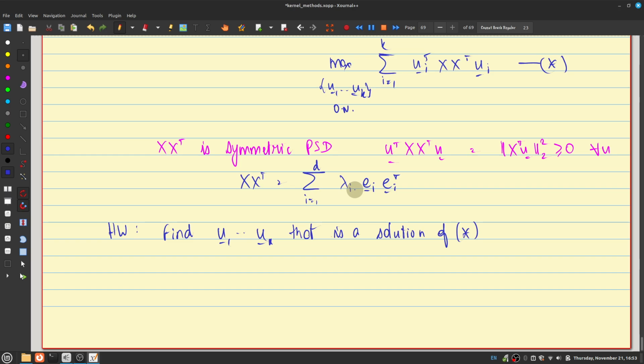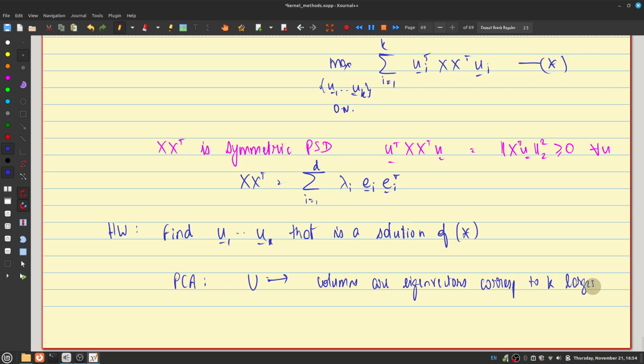They form a basis for R^d. Right? Okay, so then therefore the PCA solution is you just find U such that the columns can be taken as the eigenvectors corresponding to the k largest eigenvalues of XX transpose.